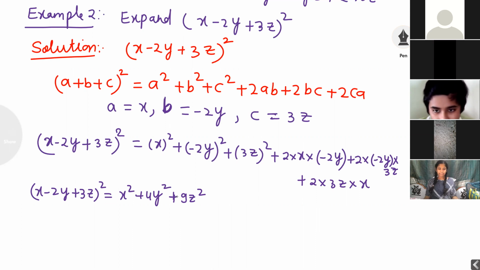Minus 2 and plus 2, 2 to the 4, minus 4xy. Again 2bc: plus into minus minus, 2 to the 4, 4 3 the 12, minus 12yz. Next last is 3 to the 6xz.